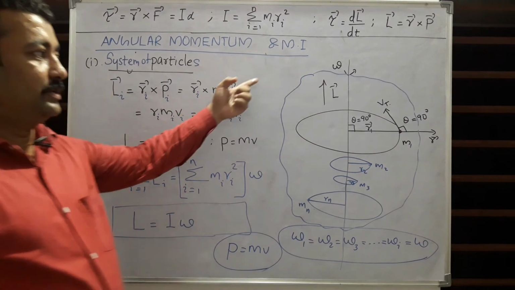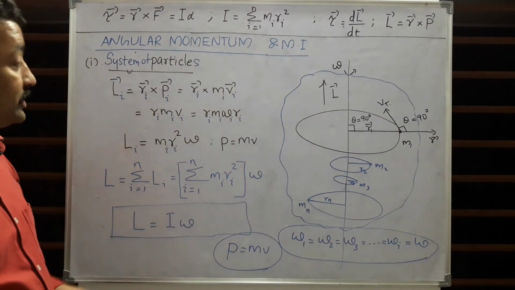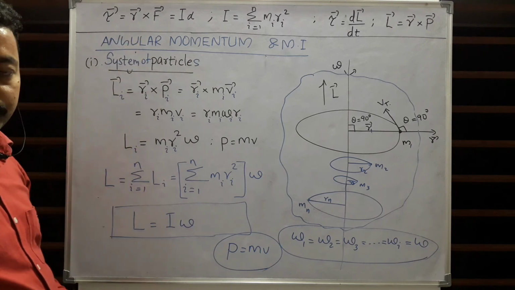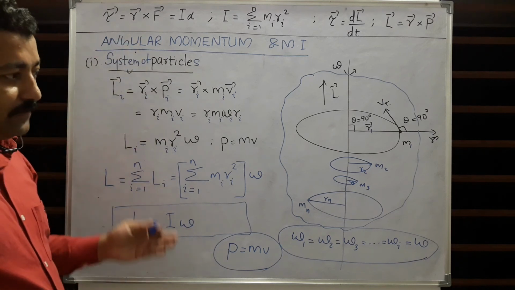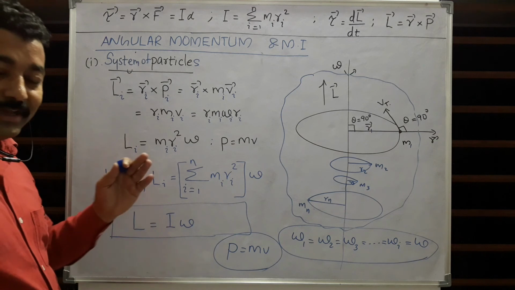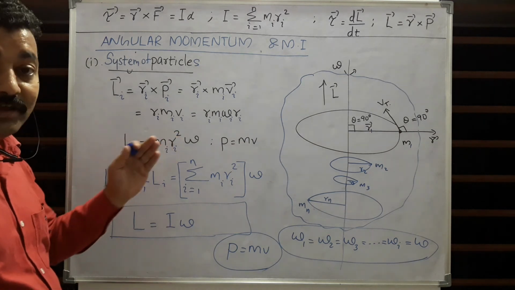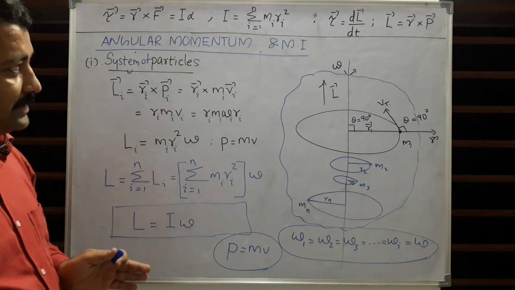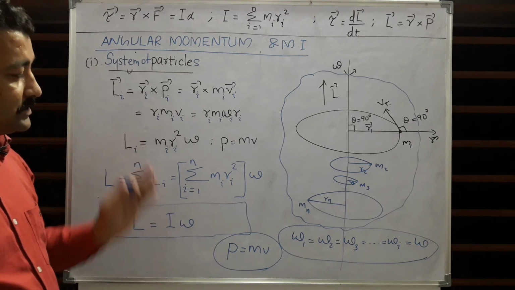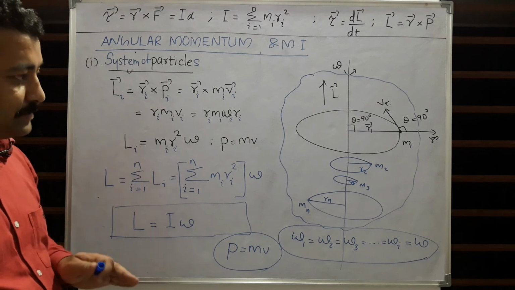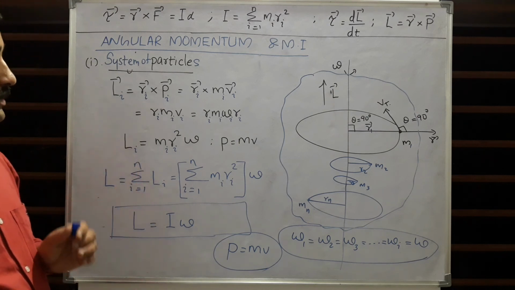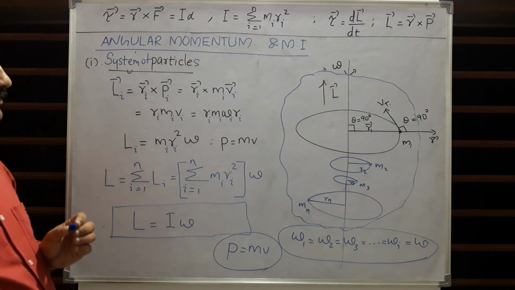If the question asks you to derive moment of inertia starting from angular momentum, you can follow this procedure. If it has to be derived from the torque, you can use the procedure we followed in the earlier session. So this is the way to analyze the moment of inertia of a system of particles and a single particle.